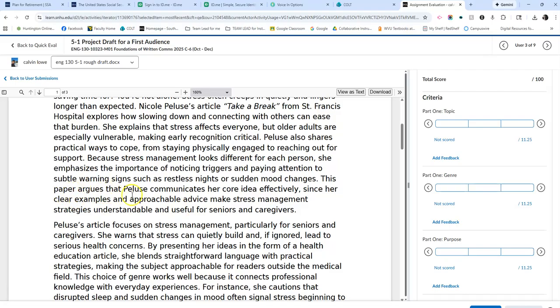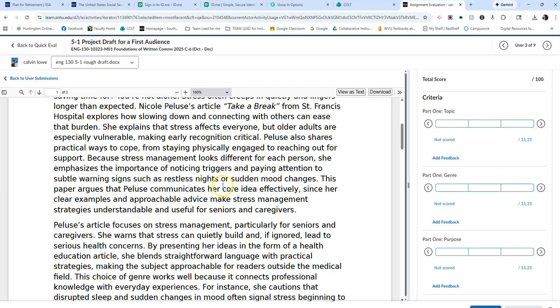So this paper argues that Pelusi communicates a core idea effectively, since her clear examples and approachable advice make stress management strategies understandable and useful for seniors and caregivers. See, now that's her audience. Then you have to say somebody different here. You could say somewhere up here something like, while Pelusi addresses seniors and caregivers, you could say something like that.